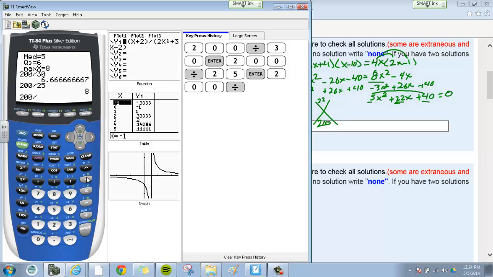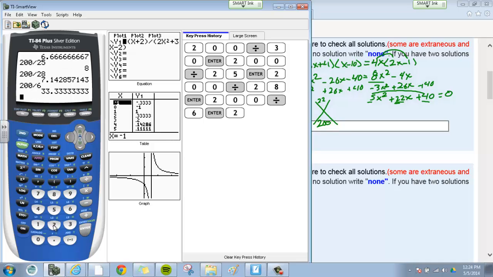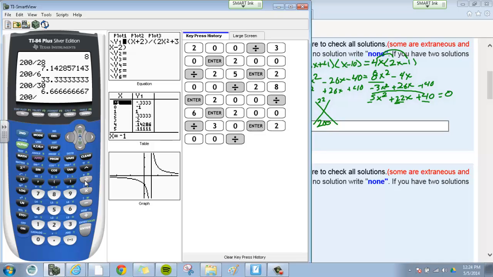Let's do 26, 28. No. 200 divided by 10 is 20. 10 and 20 doesn't do it. Is that really 22? Something tells me that's not 22.